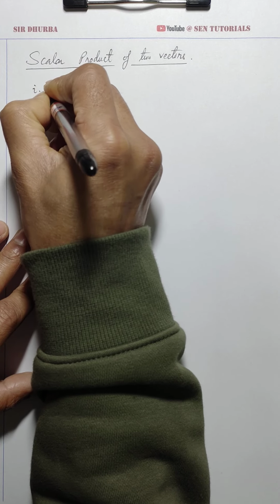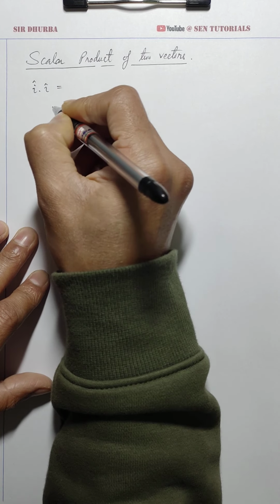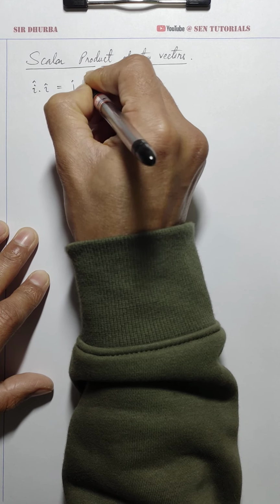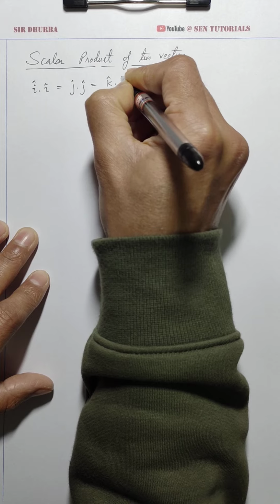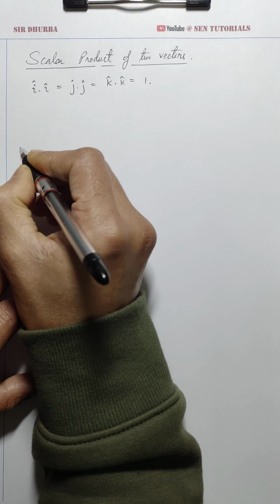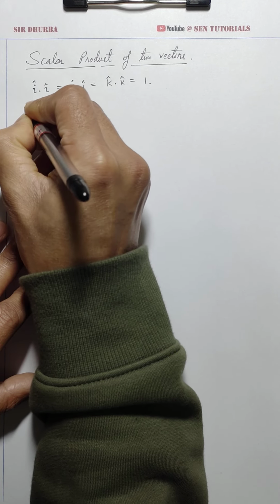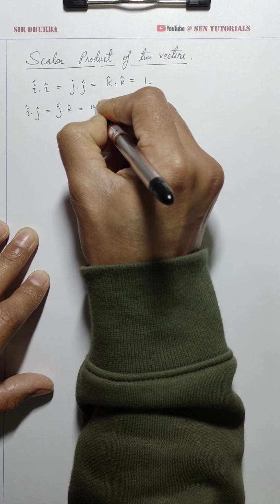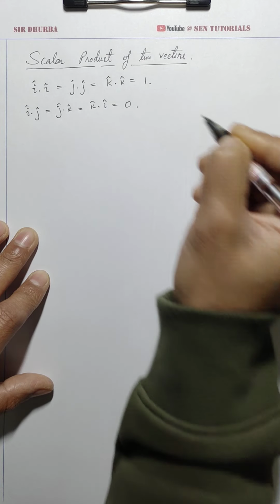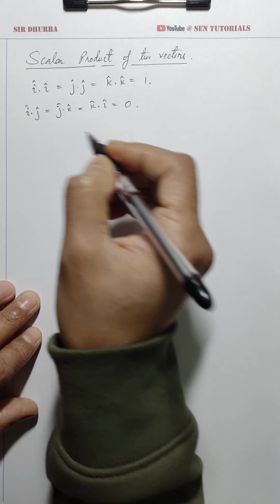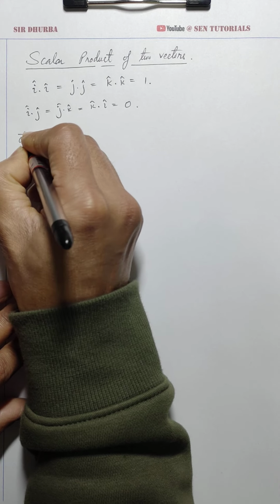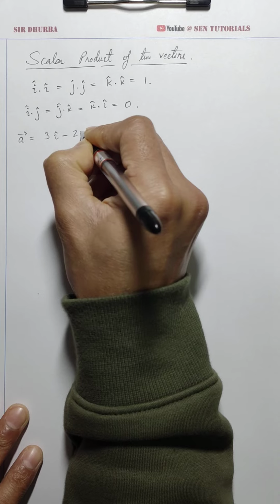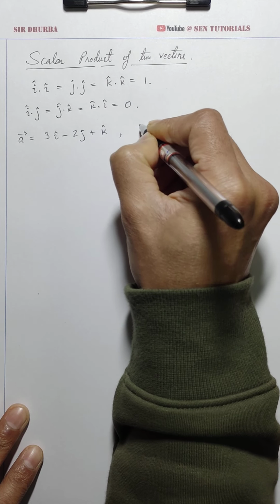The scalar product of two like vectors, that is i dot i, j dot j, k dot k, will be how much? This will be 1. Whereas for i dot j, j dot k, k dot i, and so on, it will be 0.